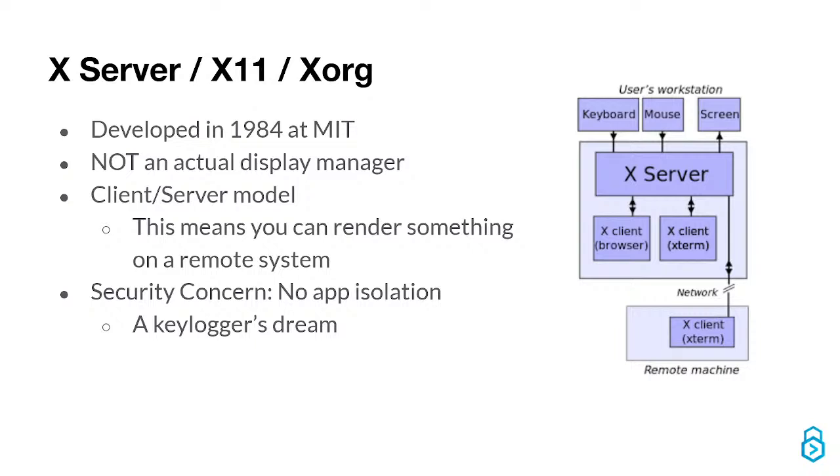The cool thing about that is you can render something on a remote system, just because, why not? But the problem with X11 specifically is that there's no app isolation between the rendered applications. So if someone installs a keylogger, they can log all the keys across all your different applications instead of just that process or application. So that's a problem with that one.